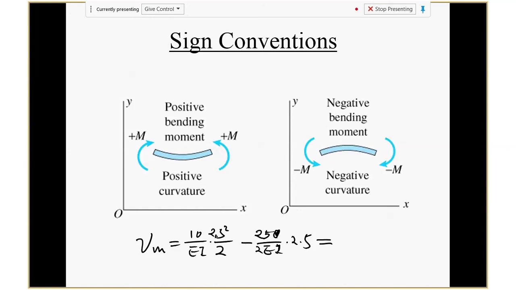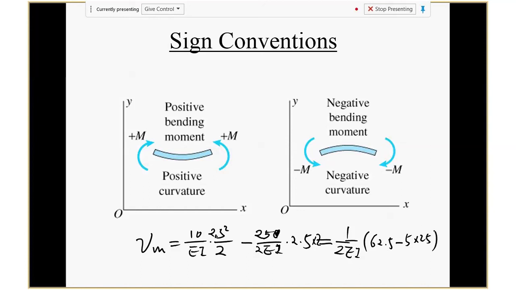I put a 2 here, so I have 2 EI, then inside will be 62.5, and then minus 5 times 25.